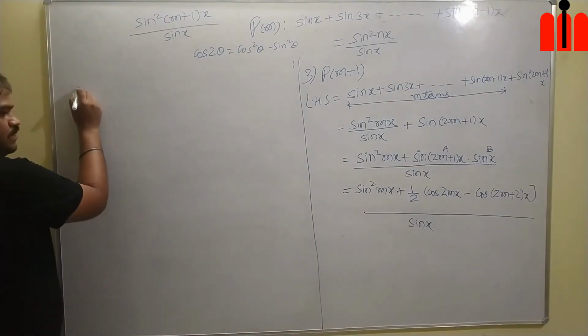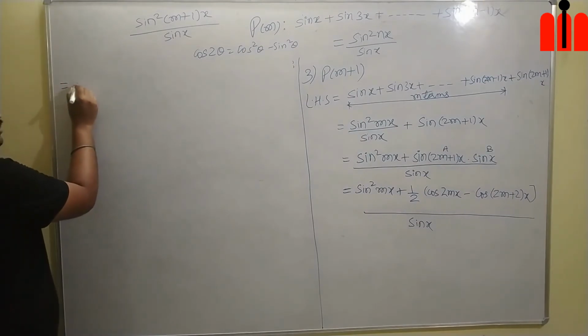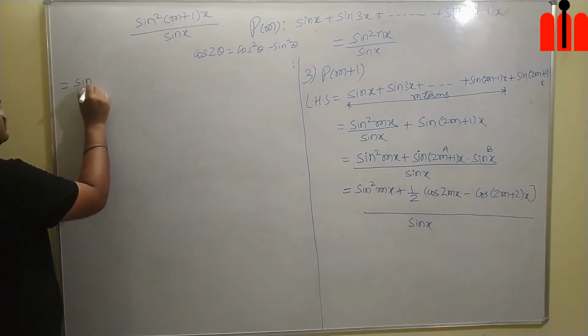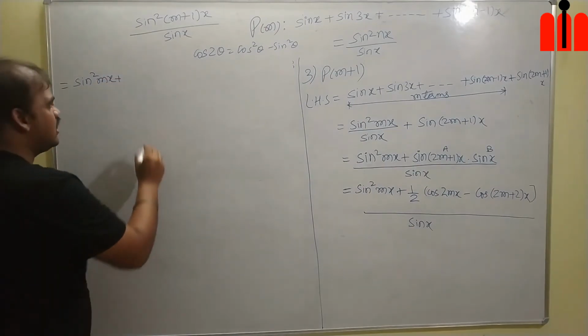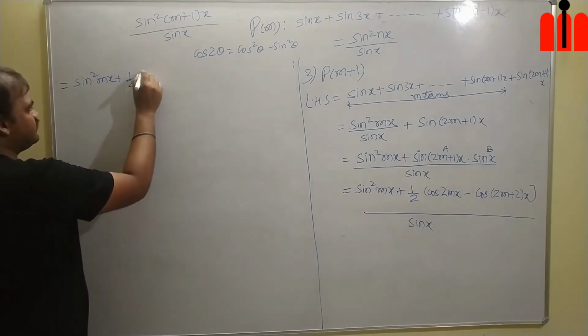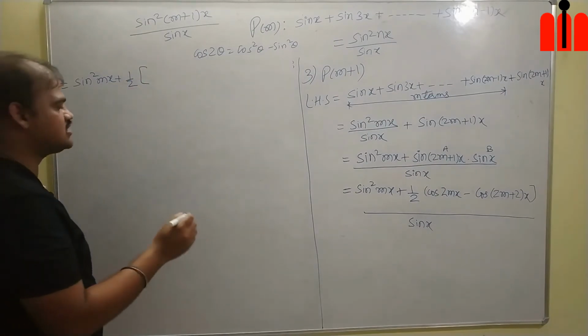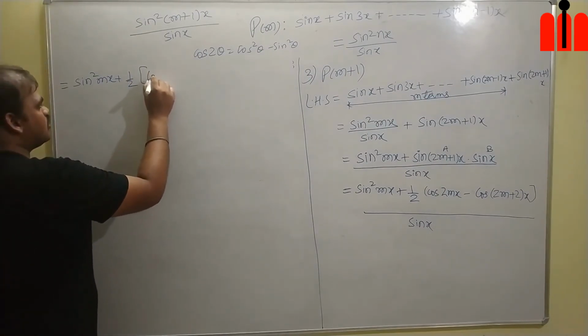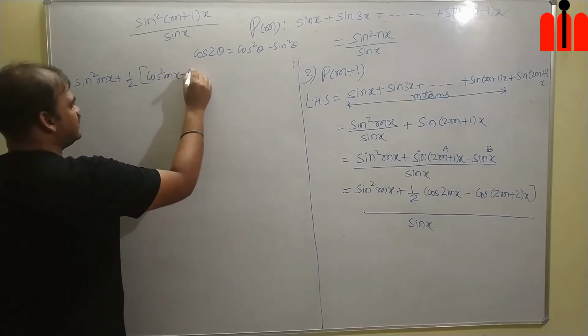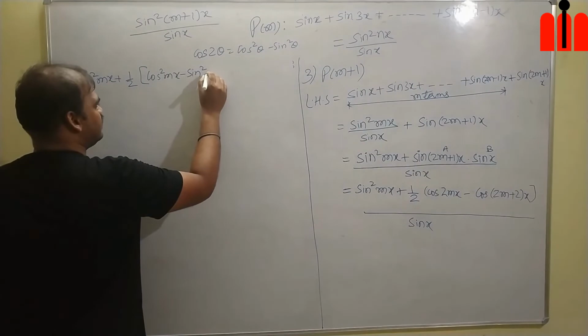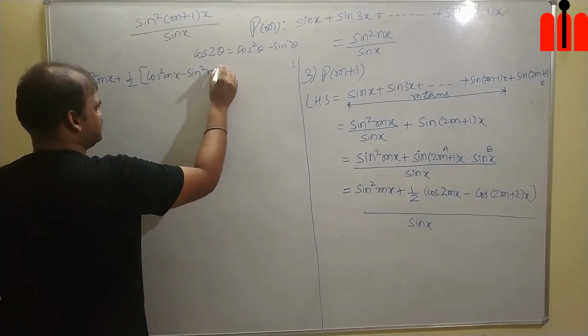So it will become sin square mx plus half cos 2mx will be cos square mx minus sin square mx.